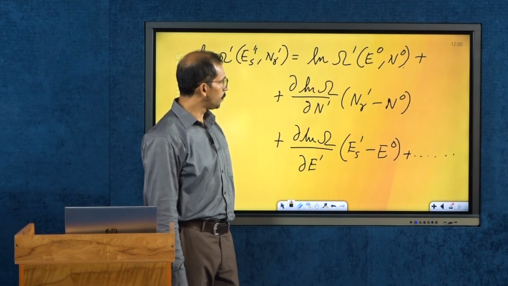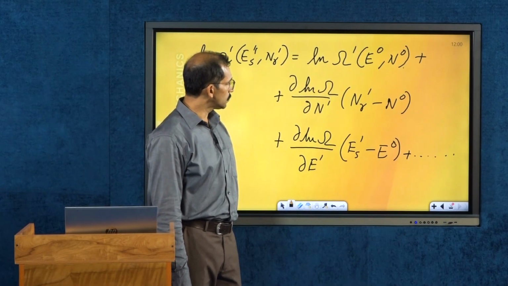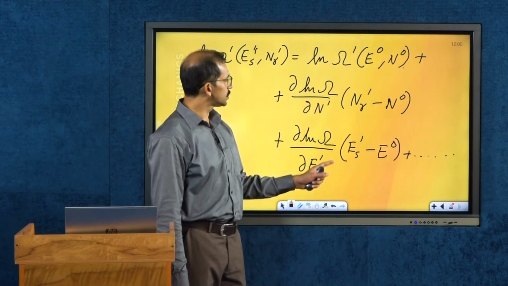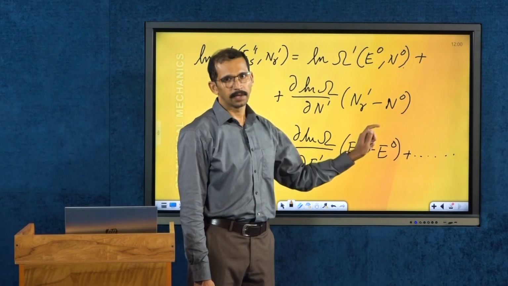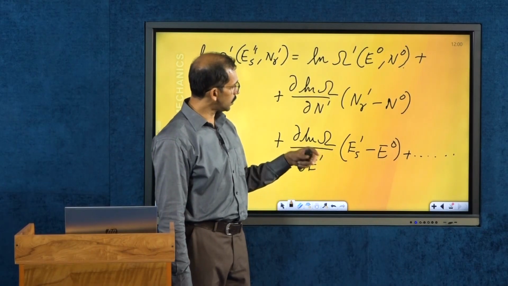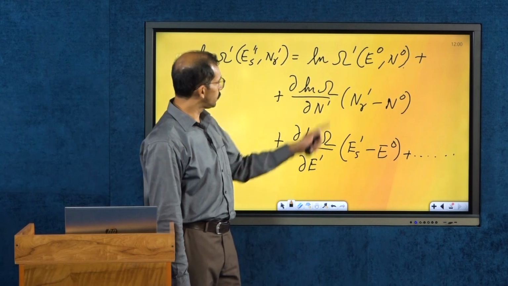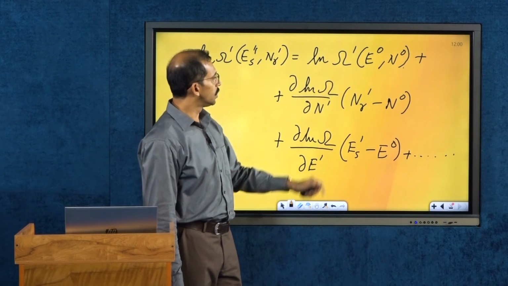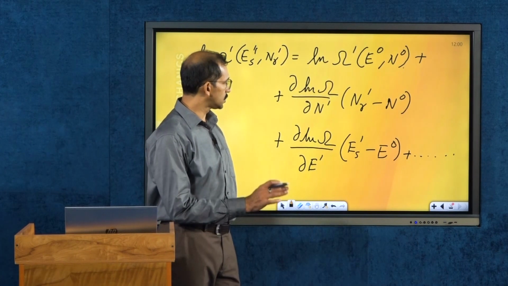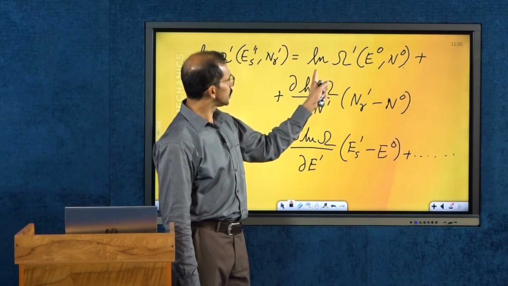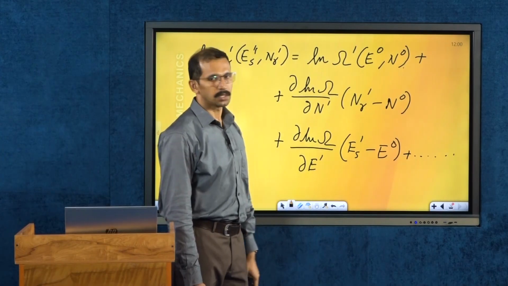But as the bigger parameters get smaller, we can always neglect those functions and limit ourselves to these three terms. And if you analyze this one, this first term over here is a constant, right?